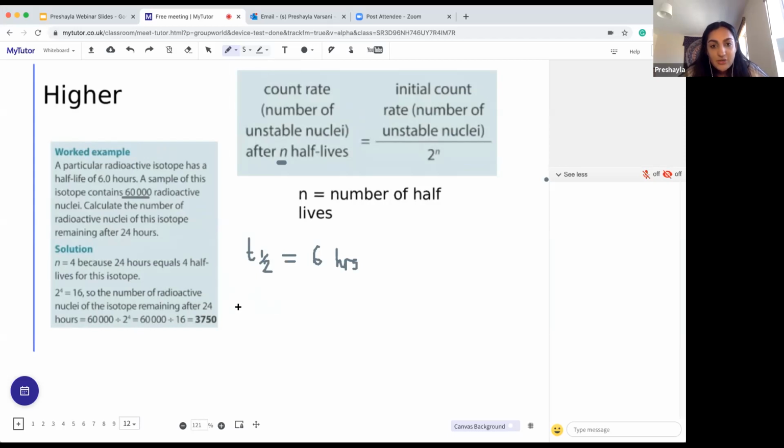So our initial count rate, or our initial number of nuclei, you can do it with either. Count rate can be switched out for nuclei, they're interchangeable. So our initial number of nuclei is 60,000.